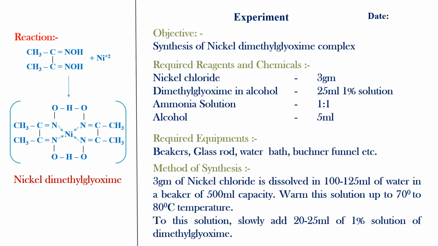We dissolve nickel chloride and warm this solution up to 70 to 80 degree Celsius so that nickel chloride is completely dissolved in the water. To this solution, we add 20 to 25 ml of 1% solution of dimethyl glyoxime.